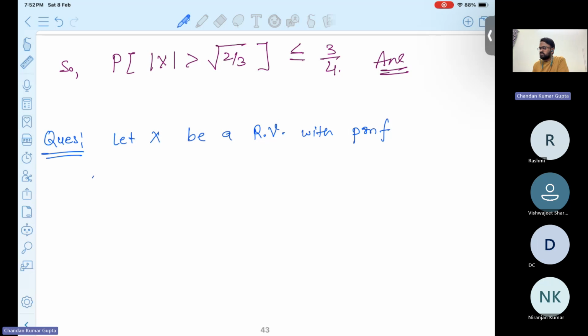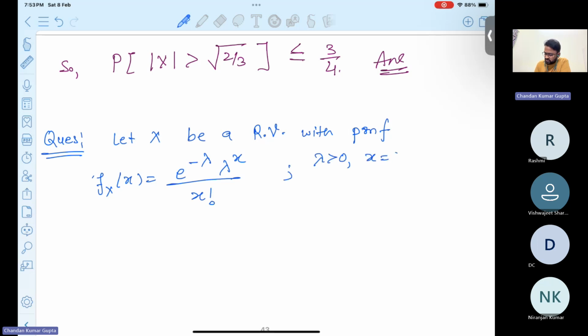Okay, so we are given this. We need to find the PGF. The f_x of x will be like this: e to the power minus lambda, lambda to the power x upon x factorial, where lambda is greater than 0, x equal to 0, 1, 2, and so on. Actually, this is the PMF of a Poisson distribution, a discrete type of distribution.